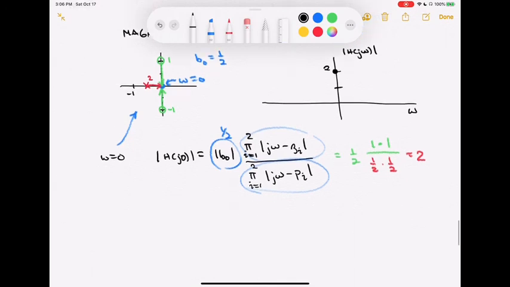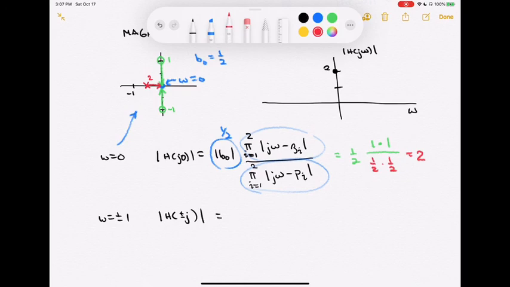The other thing that I can do in here very quickly is look at omega being equal to plus or minus 1. This is almost trivial because magnitude of H of j plus or minus, whoops, let's do that a little bit more clean mathematically. Let's do that as plus or minus j times 1. Frequency here is 1, is equal to what?